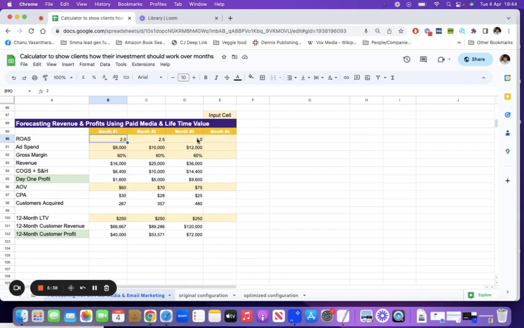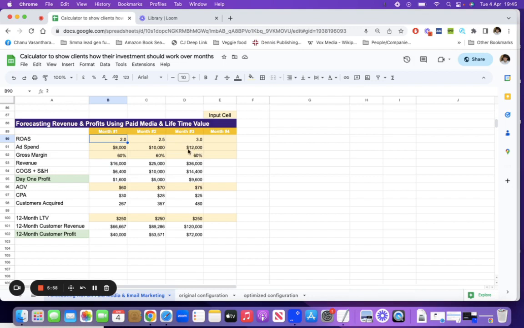So month three, you decide to pump in a couple more grand. Now it's 12,000, and you've again improved everything in the sales funnel. The metrics are doing better, and you start to hit around the 3 ROAS, which is doing pretty well now. If you look at these figures, your gross margins are 60%.